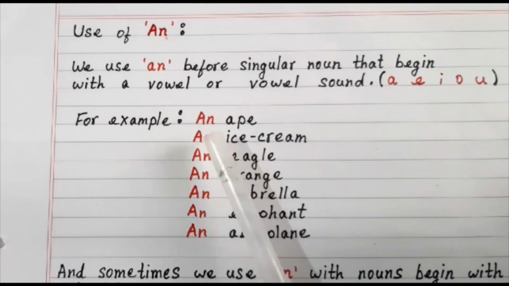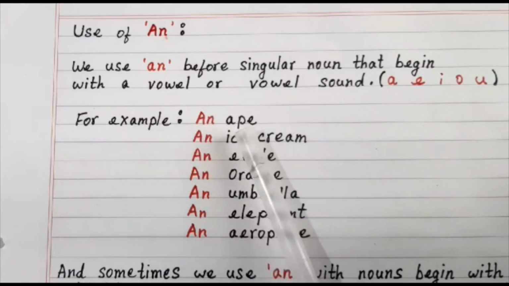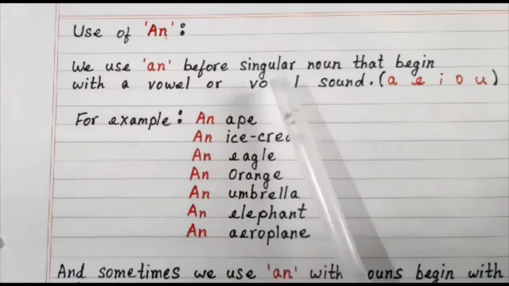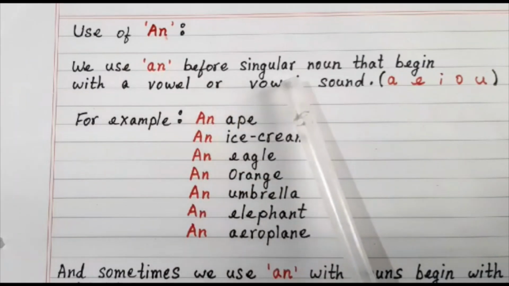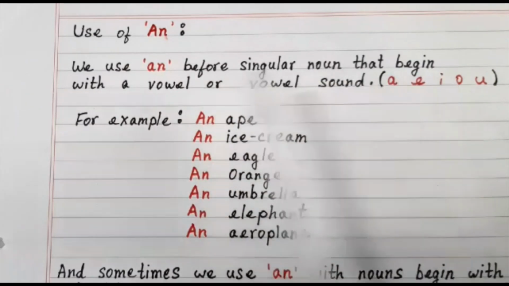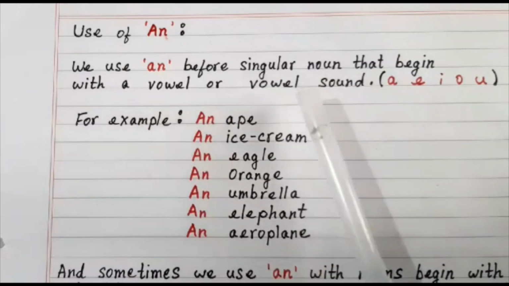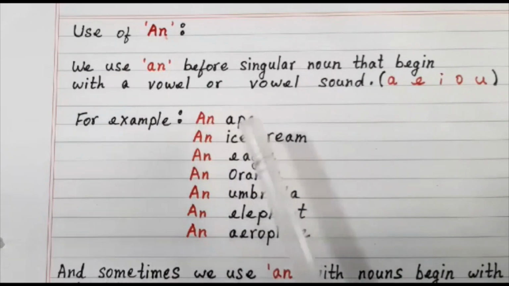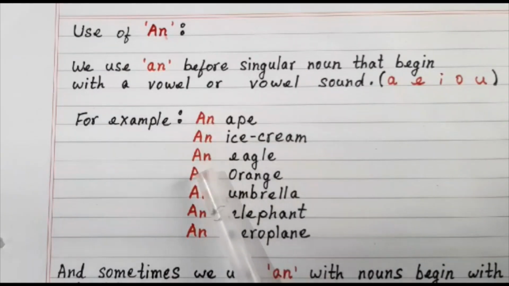So we use an before this word and we say an ape. Alright? We use an before singular, that means single, nouns that begin with a vowel or vowel sound. For example, an ape, an ice cream, an eagle, an orange, an umbrella.